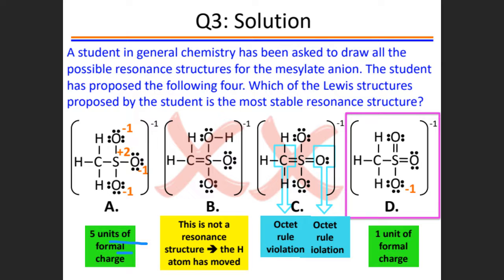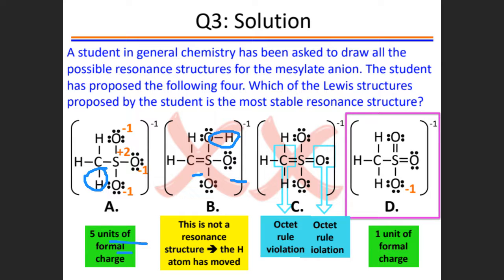Anyway, let's go. This is not a resonance. Resonance means we have the possibility to place the charge in different ways. But here it seems the hydrogen atom has moved. How? This hydrogen atom moved here.